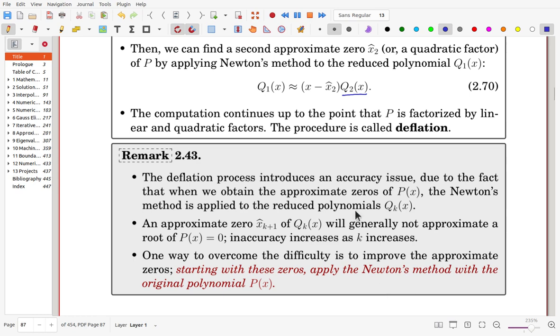So rather than the later quotients Q, we are using the original polynomial to update the accuracy of these zeros. In modern society, the software is made that way. Start with the deflation, and the solutions will then be updated by using Newton's method with the original polynomial. Then that is accurate enough.